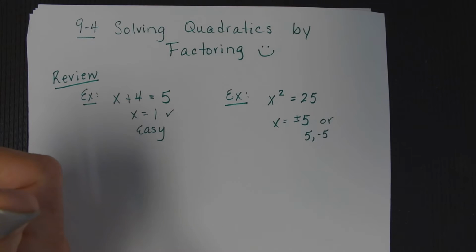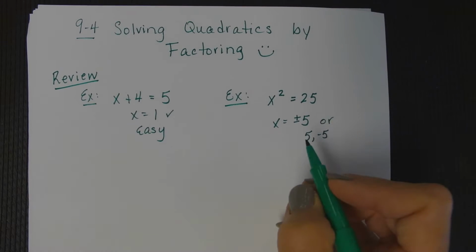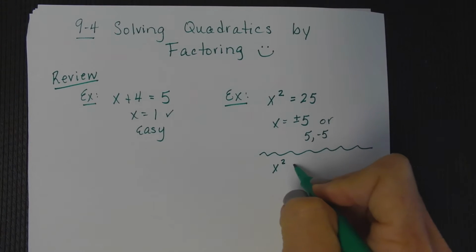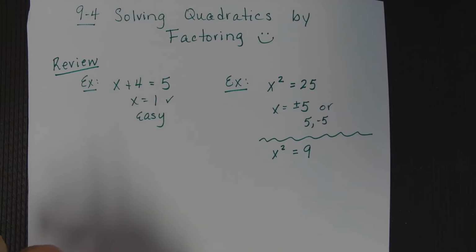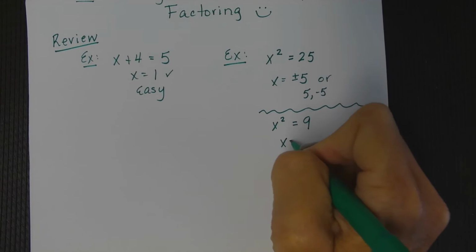Now, of course, there's many different kinds. Let's do another one of those. X squared equals 9. What number times itself gives you 9? Positive 3 and negative 3.